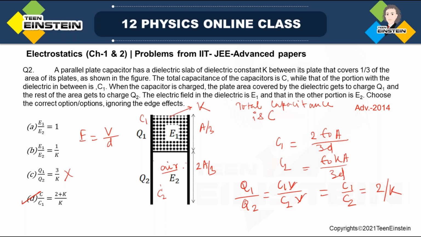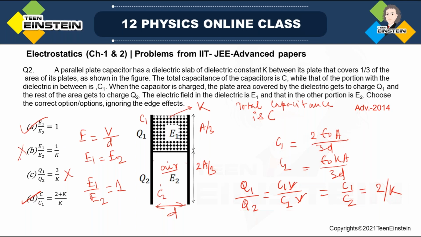Look here, both of them have the same potential difference, and the plates have the same distance. Therefore, E1 and E2 both will be the same. This is electric field V by D. V is the potential difference between the plates, and D is the same for both capacitors C1 and C2. So E1 by E2 will be another correct answer. So this is not true.